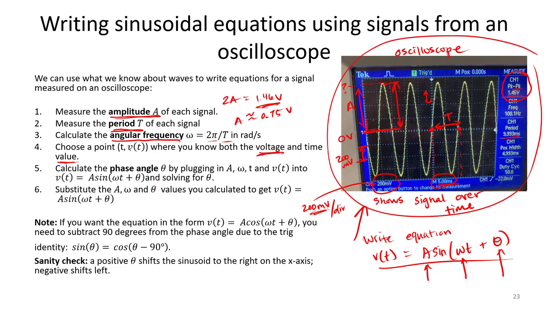Then you can take that known point and plug it in to your equation. Since you also know A and omega, you can solve for theta. Then you can substitute in your theta value to get your final equation.